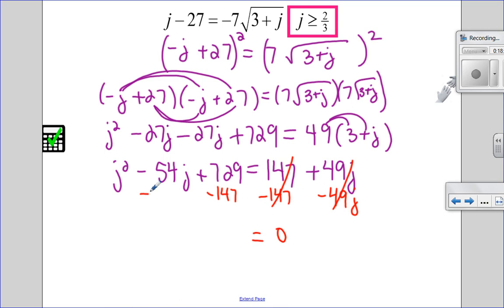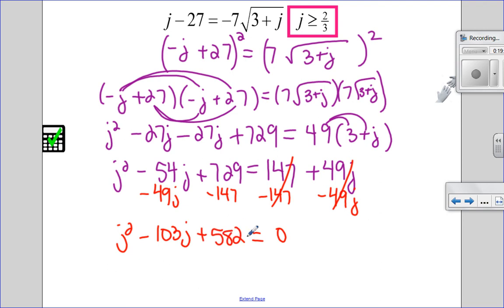Oh, I forgot to write my subtract 49j here. Okay, so I have j squared, negative 54j take away 49j is negative 103j. And then I do 729 take away 147, and I get 582.